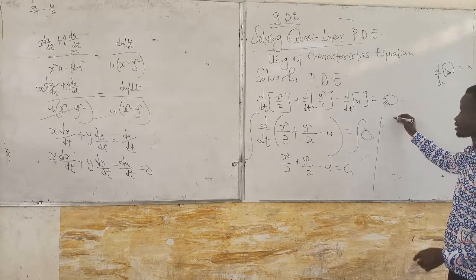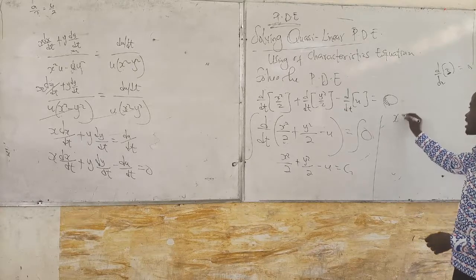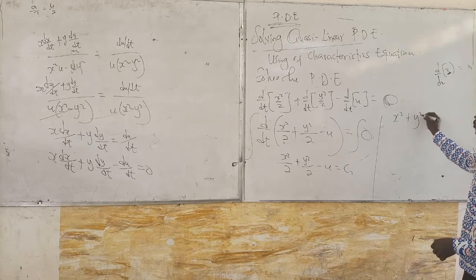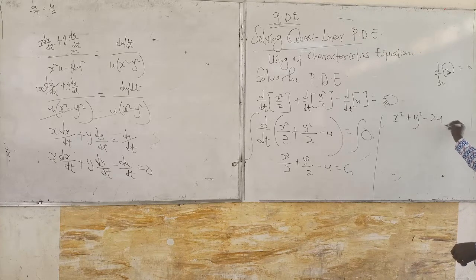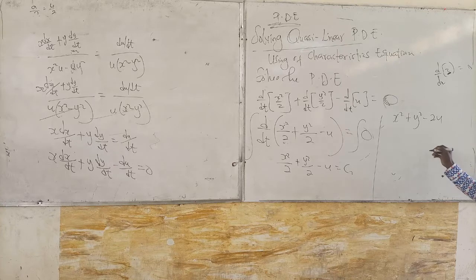Yes, we multiply 2 by 2. You get x squared plus y squared minus 2u equal to 2C2. But the whole of this is still a constant again. You can let C3 be equal to this, but it's still the same thing.